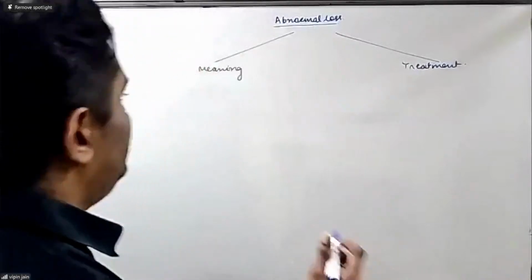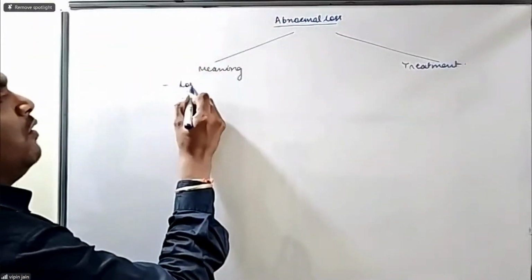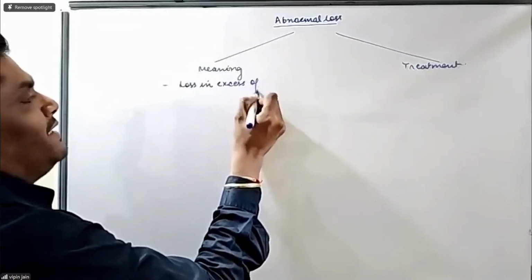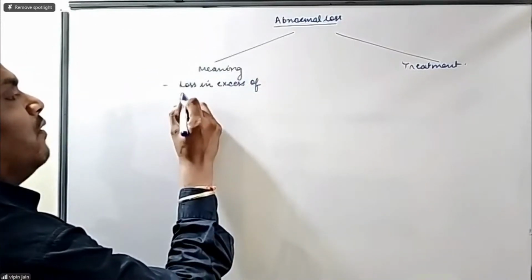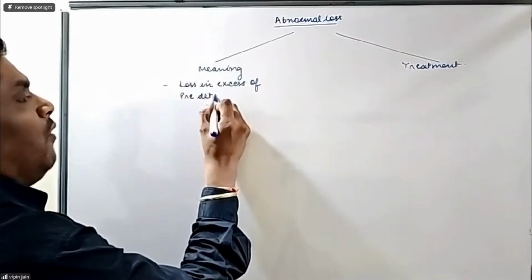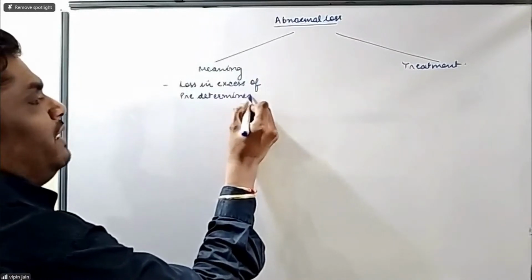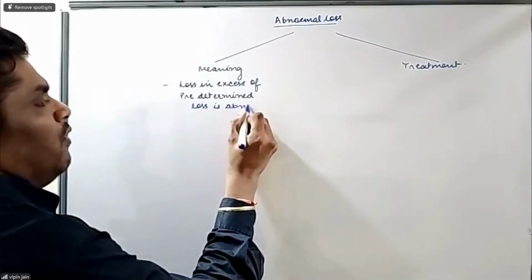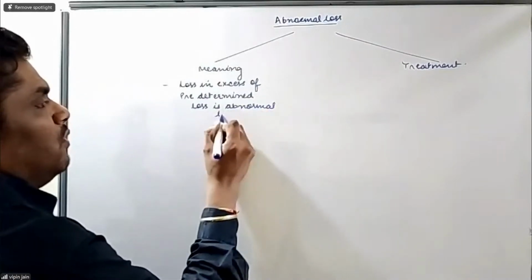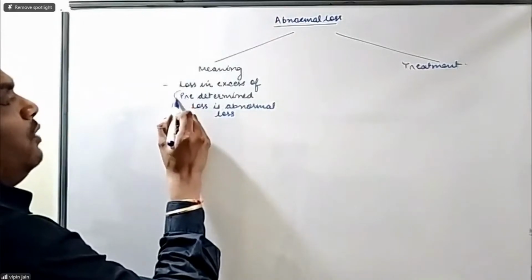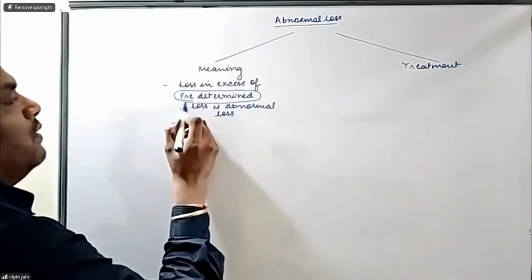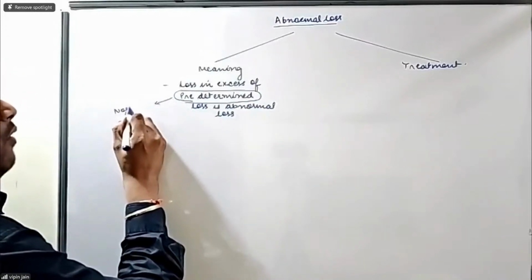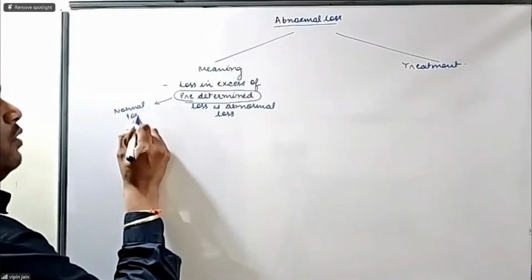When talking about predetermined loss, this is what we are talking about, normal loss.